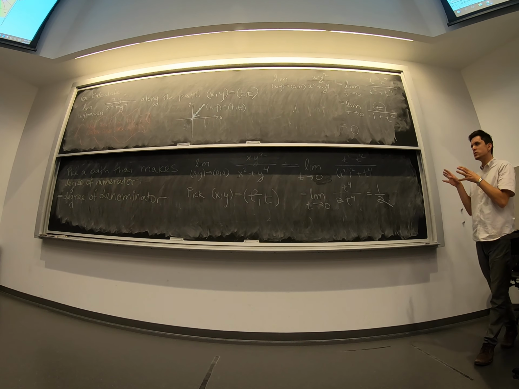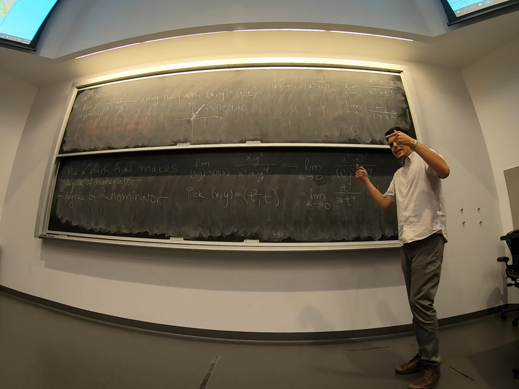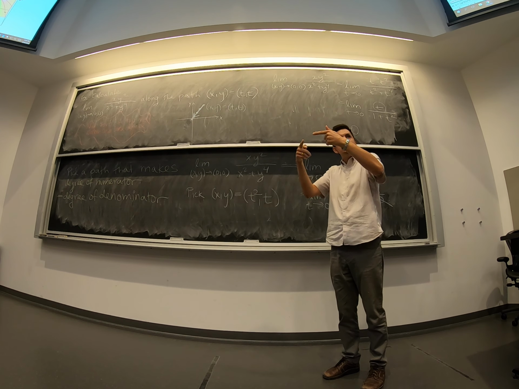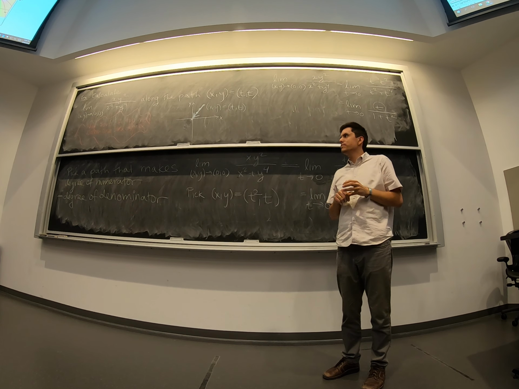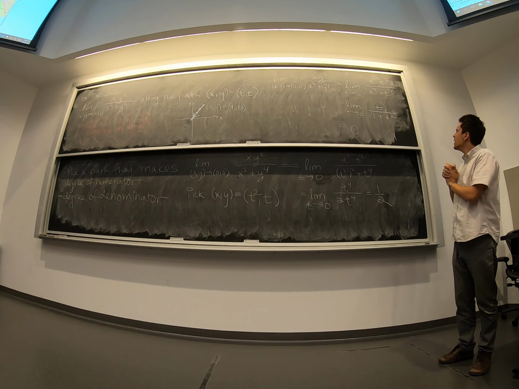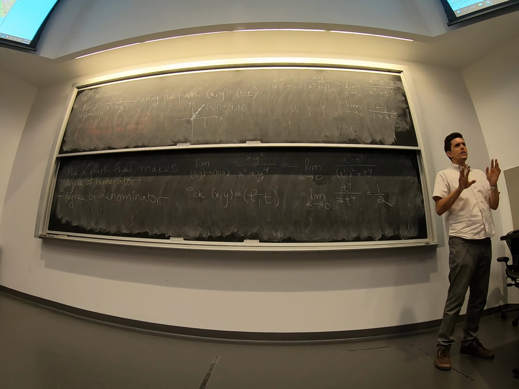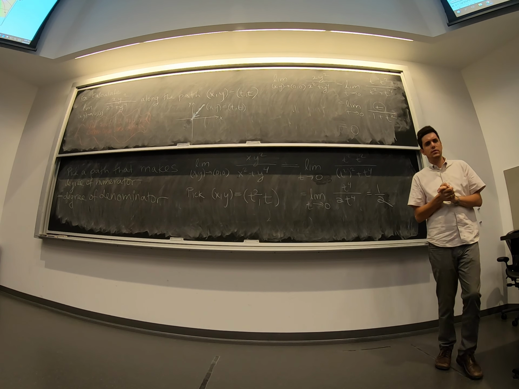It's a very, very special choice of path. But it shows that these can all agree along straight lines and then disagree along a curved line. Okay, so that's a little bit about limits. We'll take a break there and then pick up at 4:15.